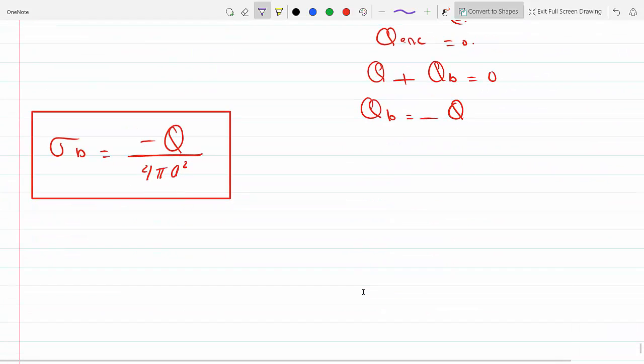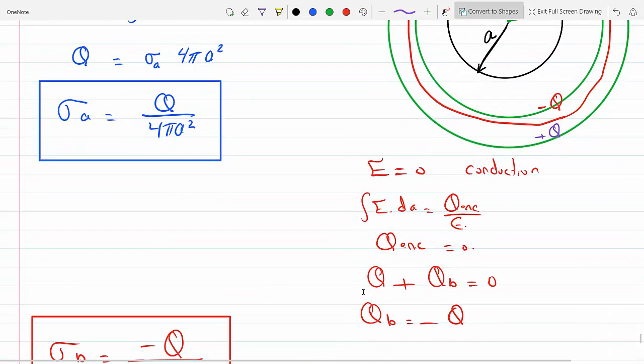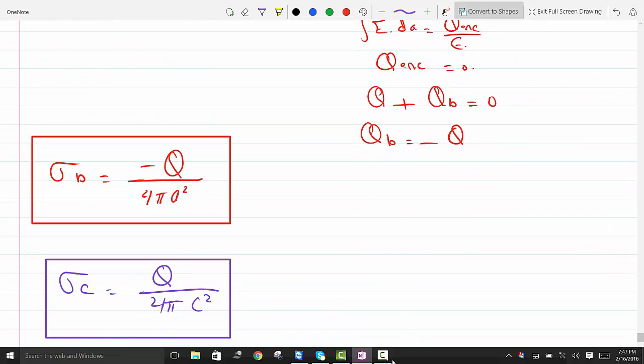And so sigma at the outer one is C, so sigma C has to equal Q over 4 pi C squared. That's the surface charge density on the outer sphere. Questions on that?